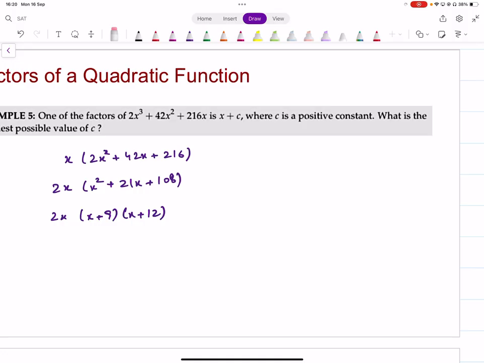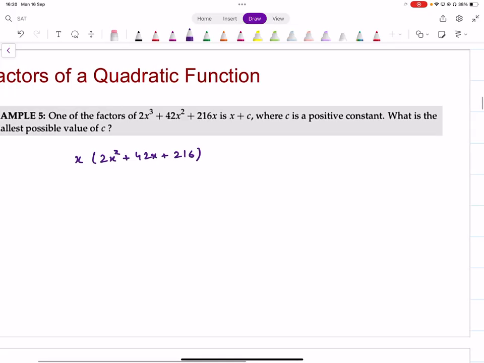So how can you factorize this quickly now? The way to do that will be, you first take x common, and now this is the quadratic function that you're left with inside. If you want to do this on a calculator, take 2 common outside as well. Make the coefficient of x squared 1 first of all. That leaves you with 2x outside, and inside you have x squared plus 21x plus 108.